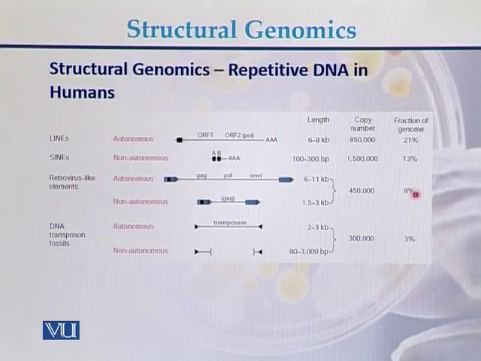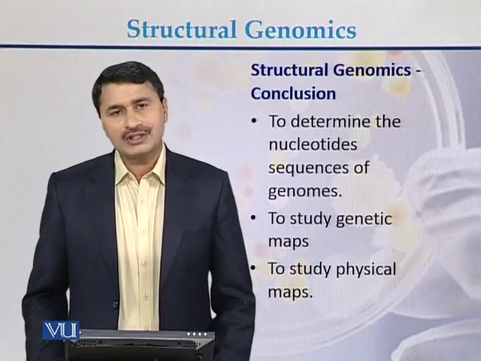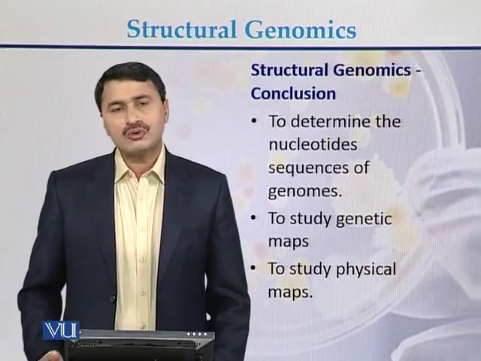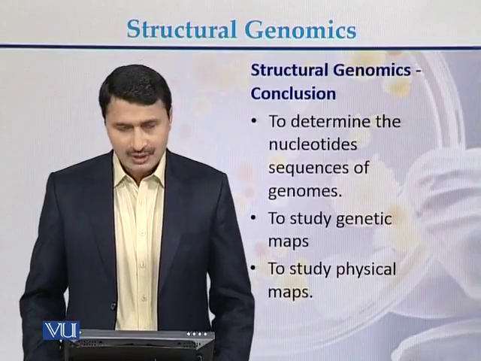Retrovirus-like elements are approximately 8%, while DNA transposons are 3% of the human genome. So these are all types of repetitive DNA present in eukaryotes as well as in the human genome. So structural genomics is actually to determine the nucleotide sequence of the genomes.